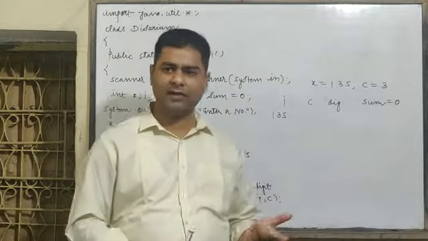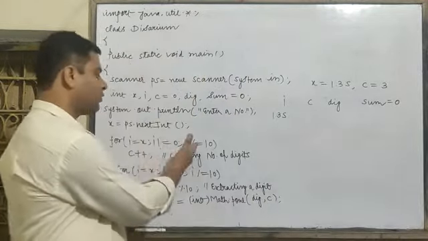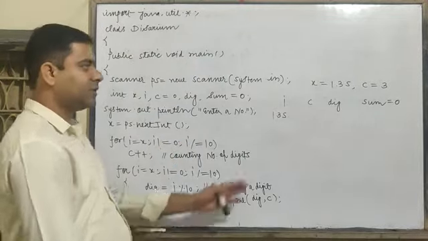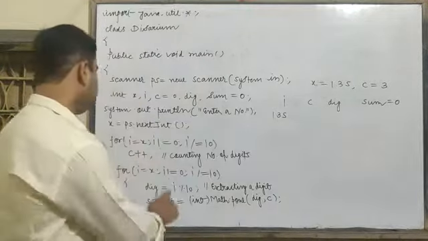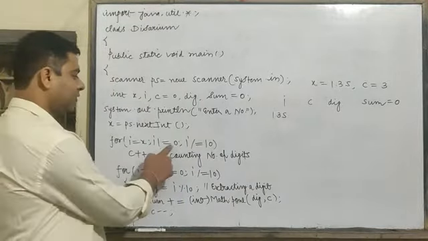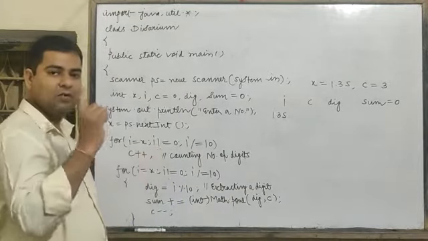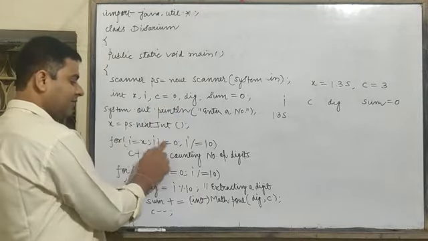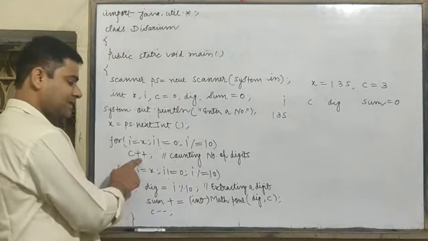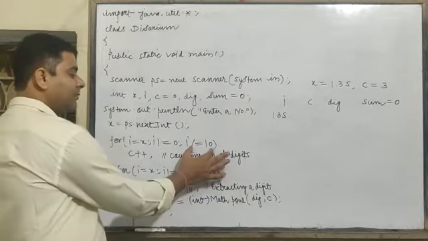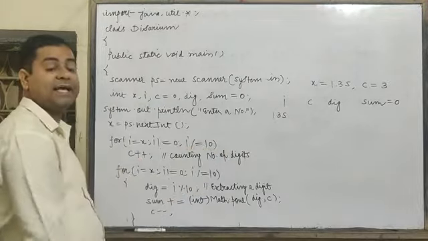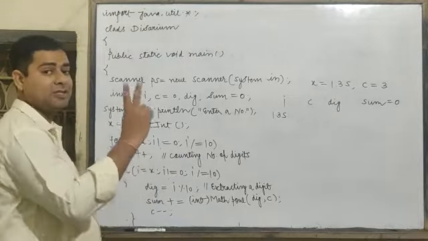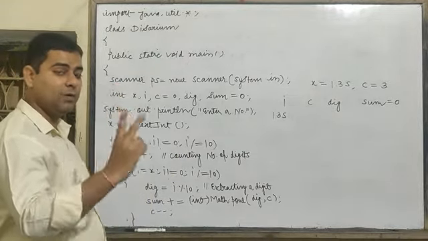Same coding we will write here to count the digits: i equals x, i not equal to 0, i divided by 10. Again I am repeating, suppose 135 is there. i equals 135, not equal to 0, yes. c++, value of c will be 1, which was initialized as 0. It will jump to the update part. 135 divided by 10 is 13, not equal to 0, so it will come inside. c++, value of c will be 2.